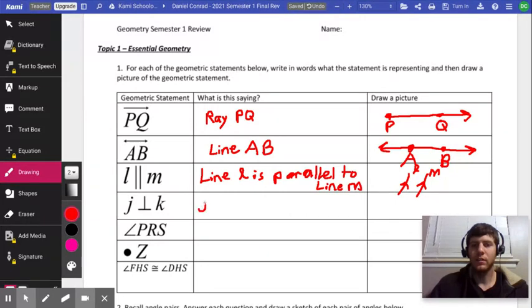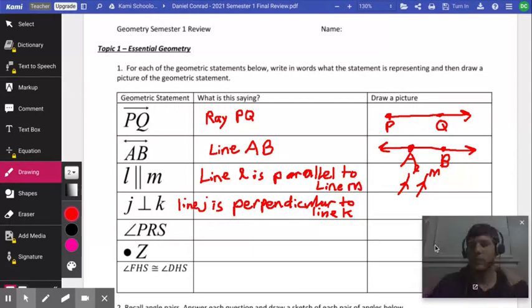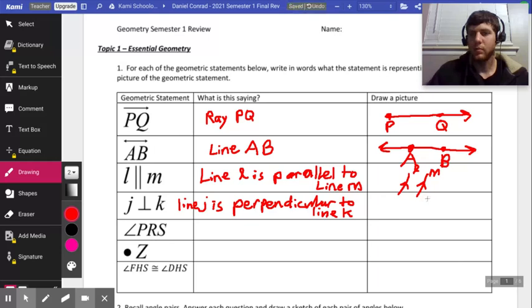This means that J is perpendicular. That symbol is perpendicular. So line J is perpendicular to line K. An example of that would be, here's line K, here's line J, and they're perpendicular, so they form right angles.